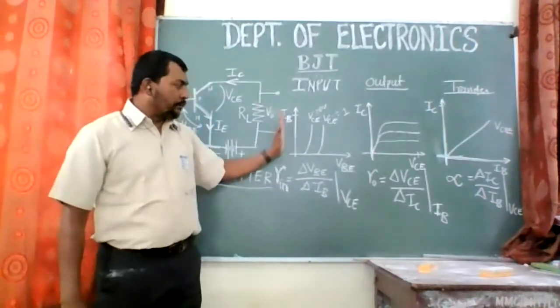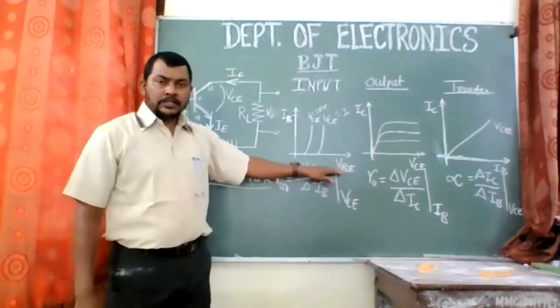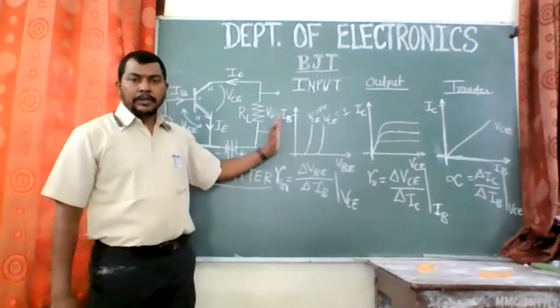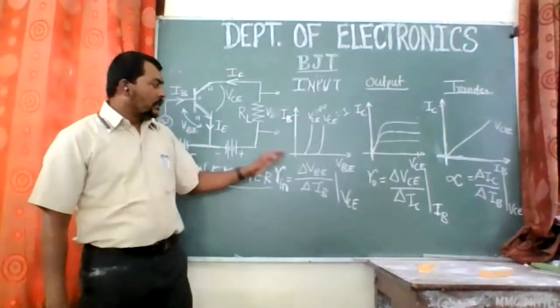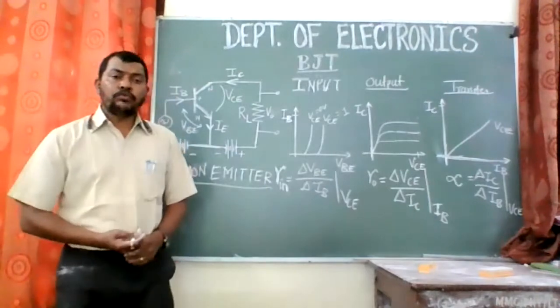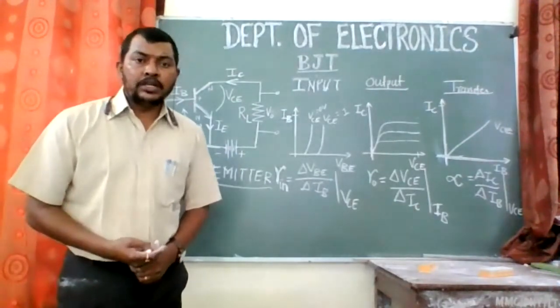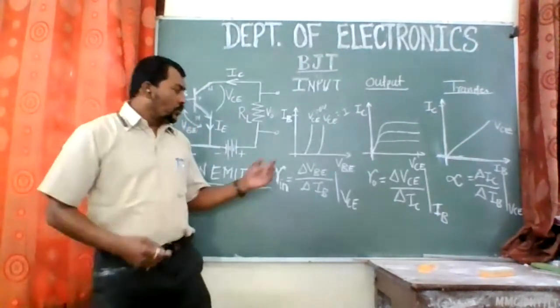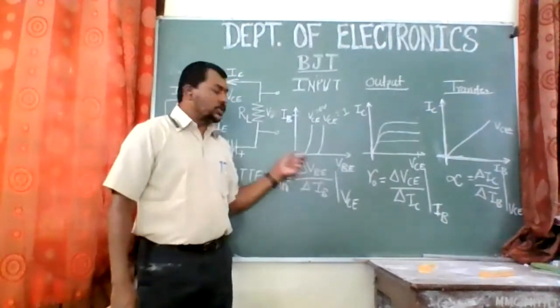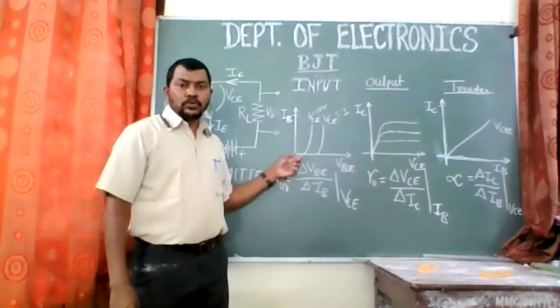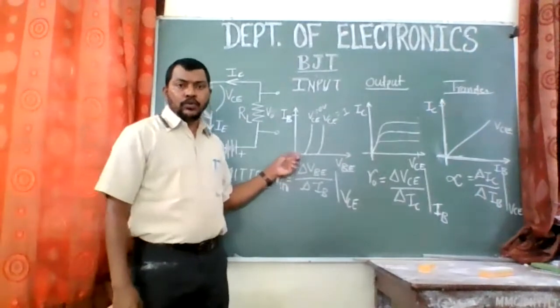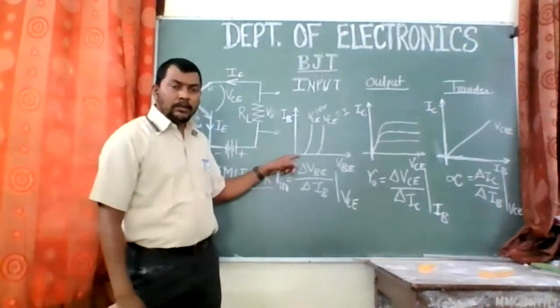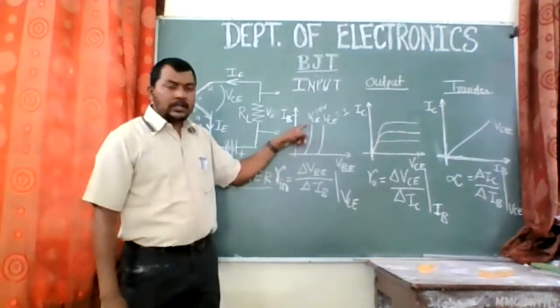And we can plot a graph between the base emitter voltage and the base current. We are able to see that this graph is similar to the forward bias characteristics of a PN junction diode. As you go on increasing the base emitter voltage, initially there is no base current flowing through the transistor, but after some time the current will start increasing.